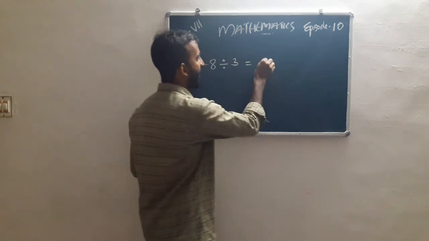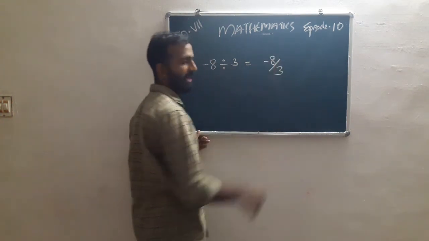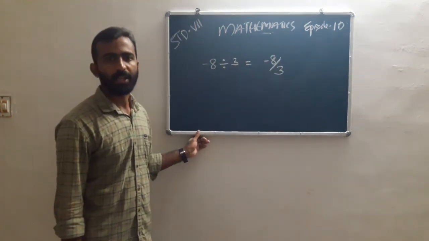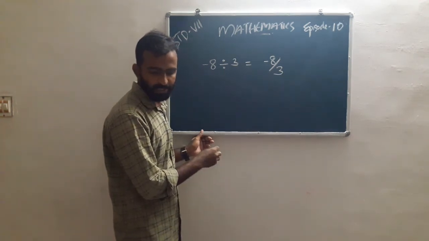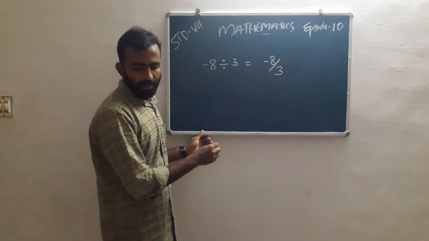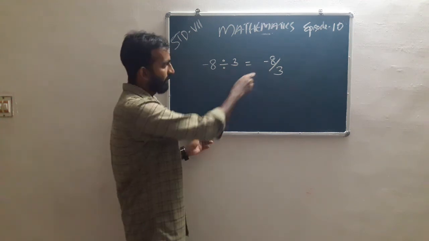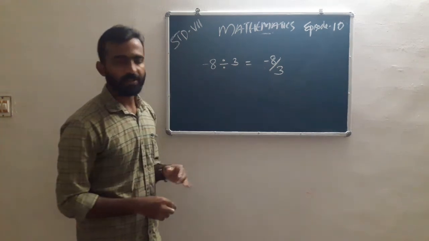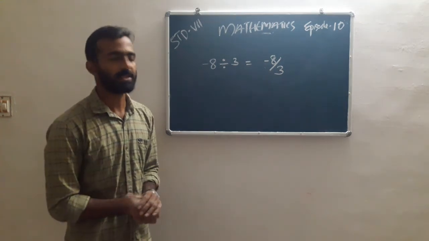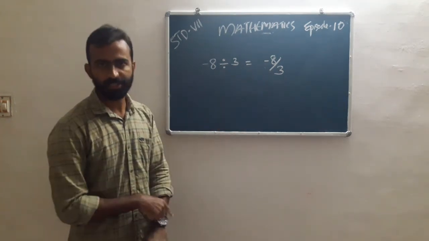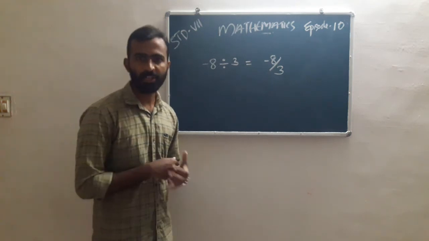What is negative 8 by 3? The result is not an integer. Is it? Yes, the result is not an integer.